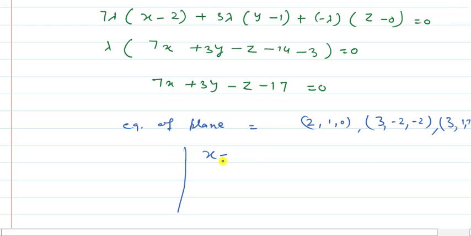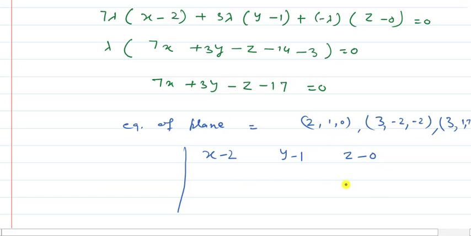So x minus x1 means x minus 2 over here. Then y minus y1 and z minus z1. So in the first row we will take x minus x1, y minus y1, z minus z1. That is, we are using the first passing point.